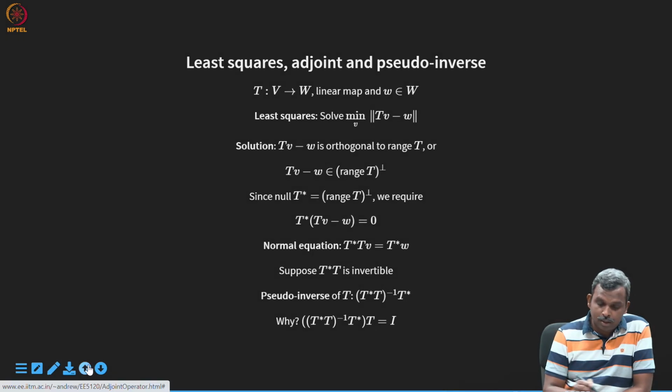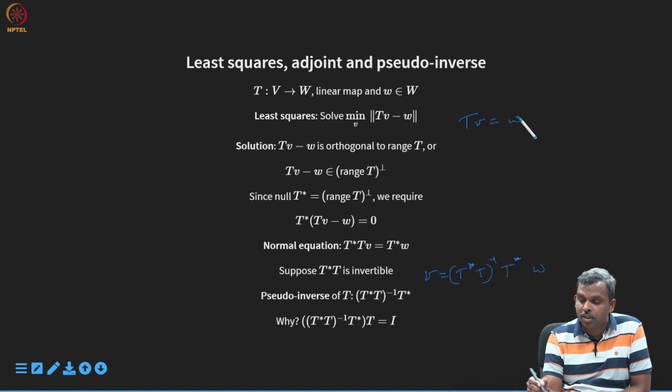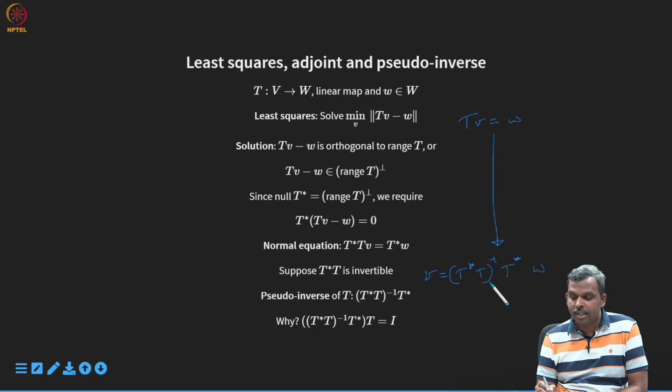So, how will the solution look when T star T is invertible? It will look like v equals T star T inverse T star w. Okay. So, what am I trying to solve here? I am trying to solve Tv equals w, and then you get this T star T inverse T star w. Okay. So, this is the solution.